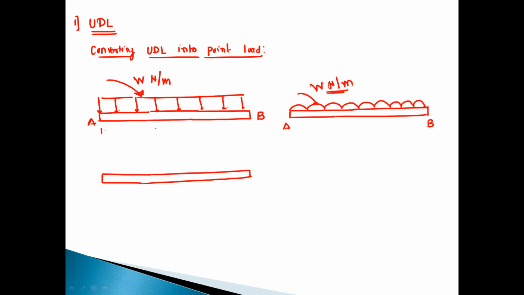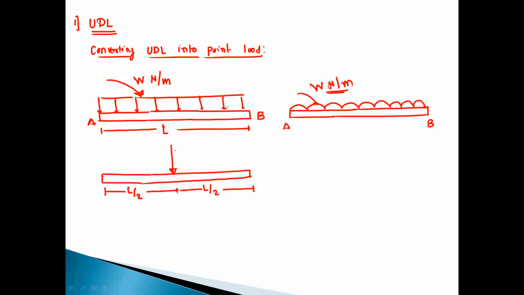Let us take this total distance as L. So UDL always acts exactly at the center of the span. That is, the point load due to UDL will act exactly at the center. So this is the point load because of UDL. It will act at distance L by 2 and L by 2.